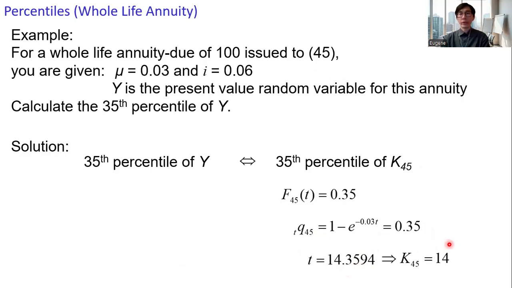You can verify this using the definition of percentile. 14q45 is 0.3430, and 15q45 is 0.3625. So the 35th percentile for K45 is K45 equals 14.